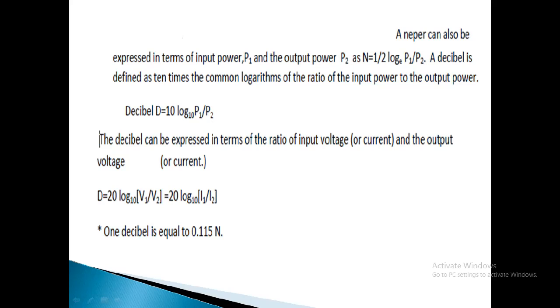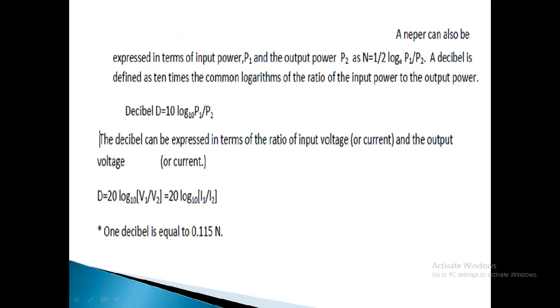A decibel is defined as 10 times the common logarithm of the ratio of input power to output power. Decibel, D, is equal to 10 log base 10 of P1 by P2. The decibel can be expressed in terms of the ratio of input voltage or input current and the output voltage or output current.